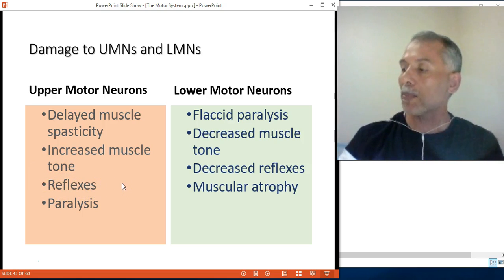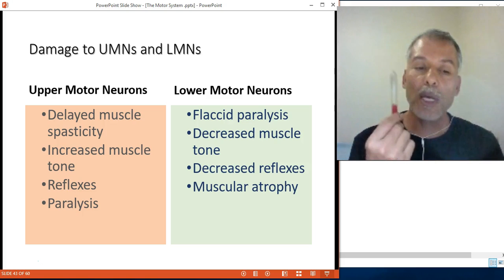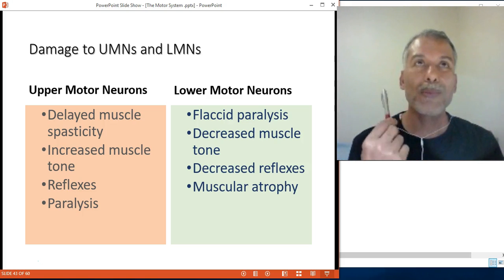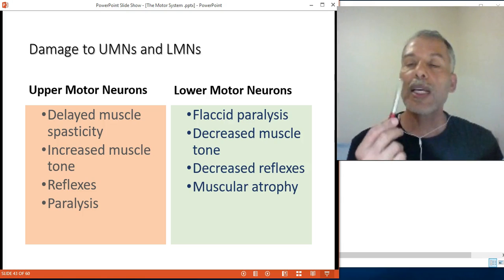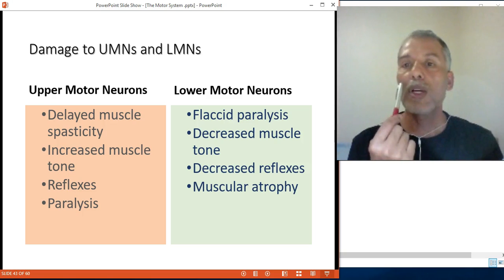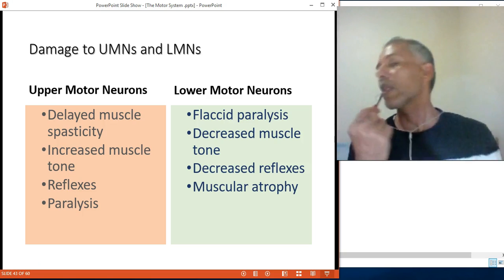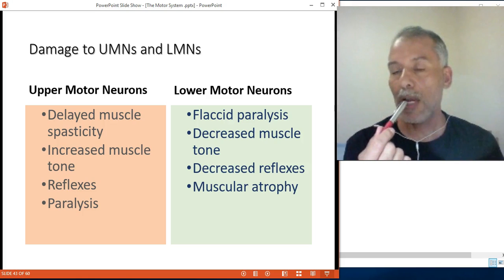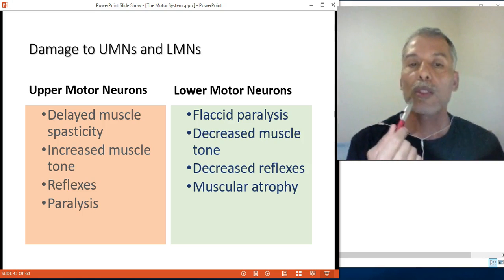Reflexes, for example, if you have a baby of 5 or 6 months and you take a spoon and stroke the left or right side of the mouth, the baby immediately turns the head and tries to grab it with her mouth. That is called the rooting reflex.